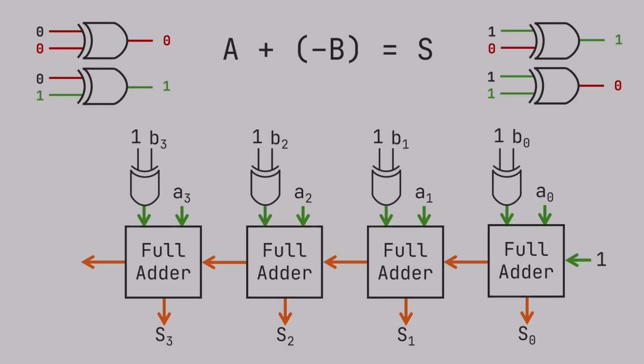But how can we make it work as both an adder and a subtractor? To do this, we'll need to introduce a new bit, usually called the control line. This bit holds the value 0 when we want to do addition, and the value 1 when we want to do subtraction.